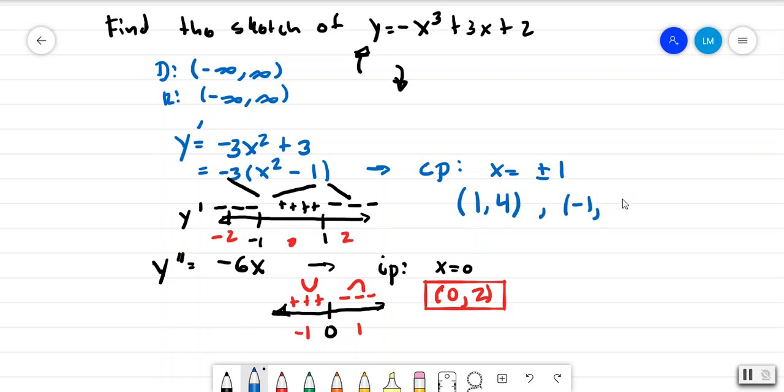When we plug in negative 1, that's going to give us 0, so negative 1, 0 is a minimum.